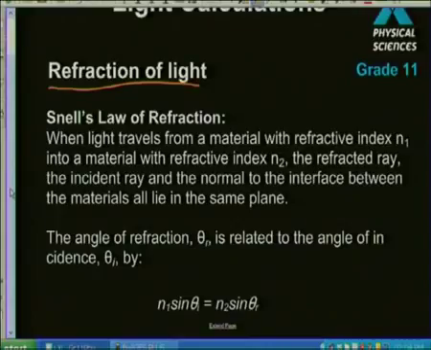Remember, the first part is like the law of reflection, which says that when light travels from a material with refractive index N1 into a material refractive index N2, the refracted ray, the incident ray, and the normal to the interface between the materials all lie in the same plane. And we've said that for the law of reflection as well.